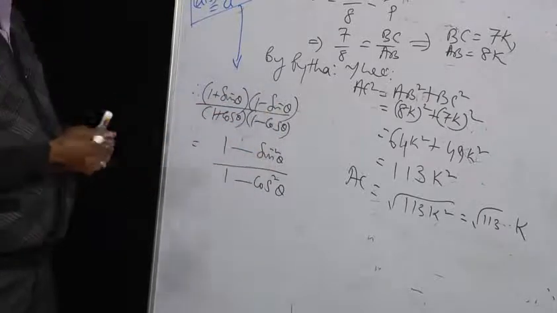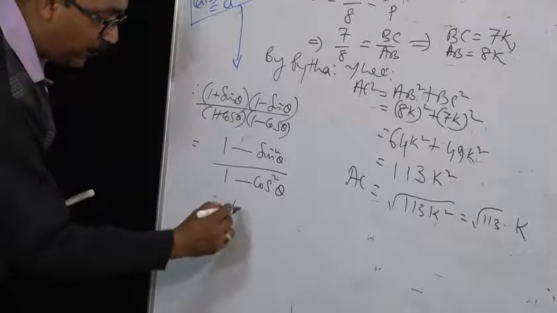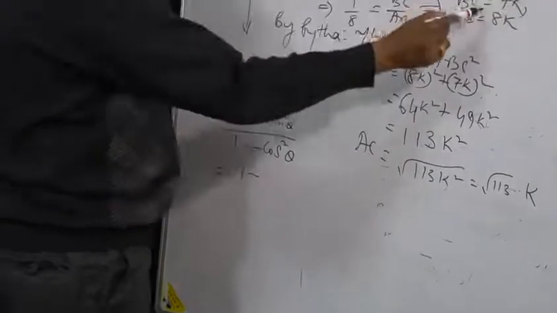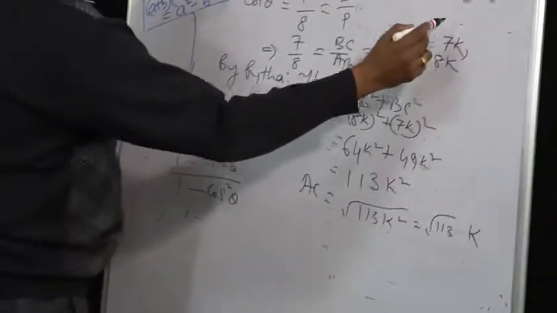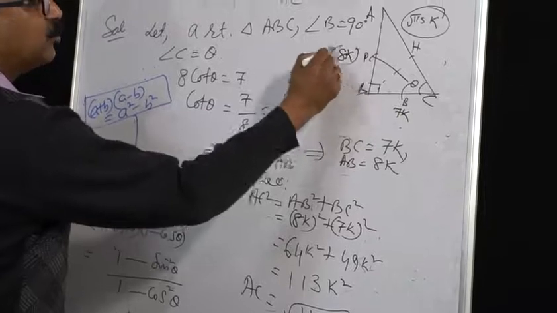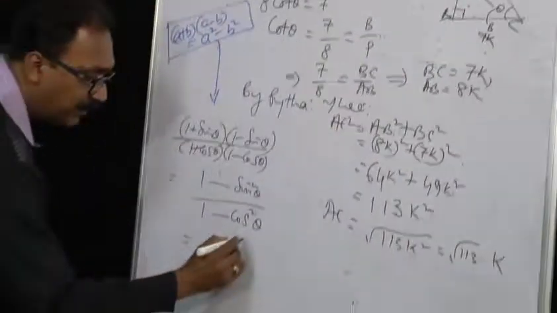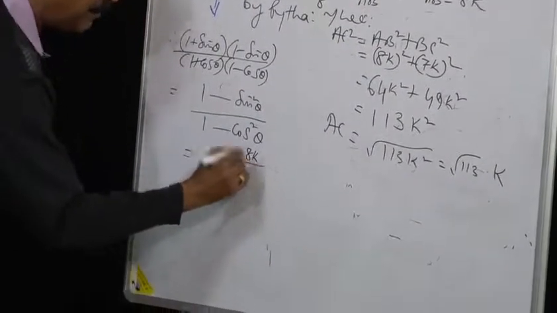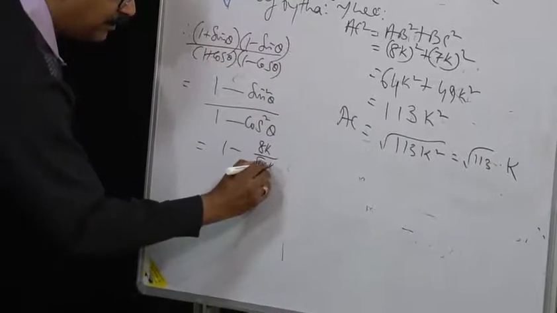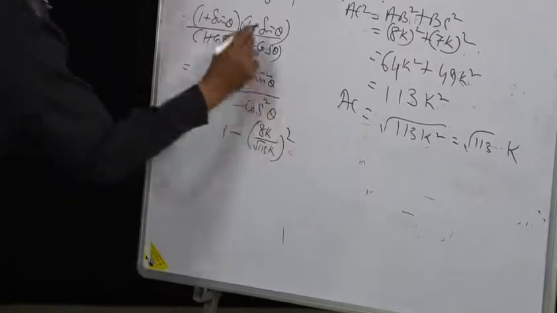The problem is shorter. So what we will do here, sin theta is P by H. What is P here? BC is what here? BC is 7K and 8K here. So perpendicular is 8K. So we can write here 8K by root 113K whole square, because there is a square.